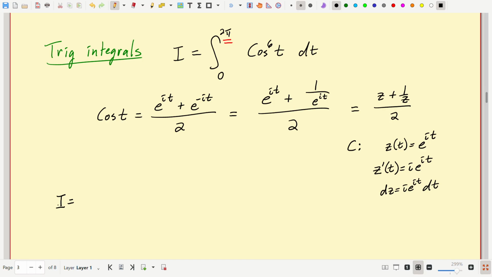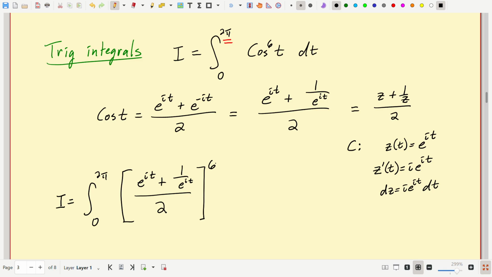So I've got the integral here from 0 to 2 pi of e to the it plus 1 over e to the it, divided by 2 to the 6th power.